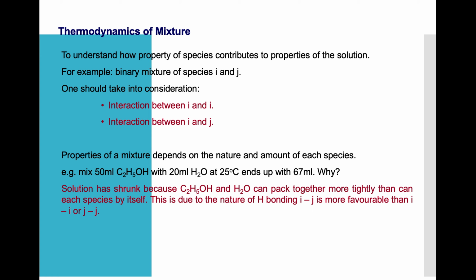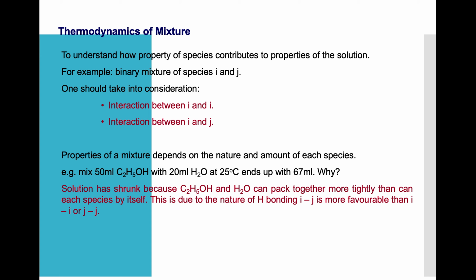For example, if you mix 50 ml of this chemical with 20 ml of water at 25 degrees C, you end up with 67 milliliters. Why? Because the solution has shrunk, because C2H5OH and H2O can pack together more tightly than each species by itself.